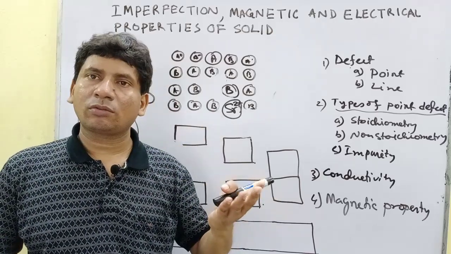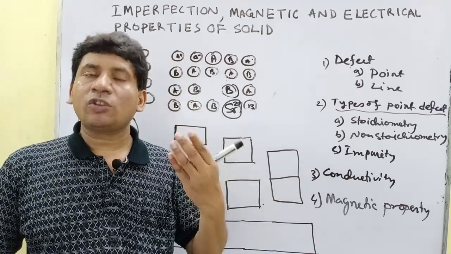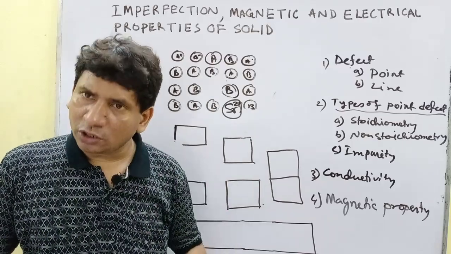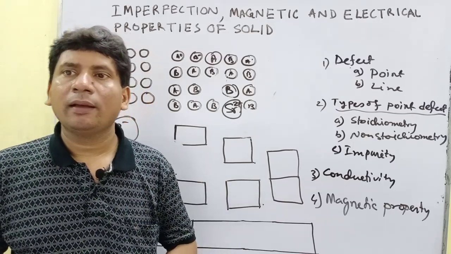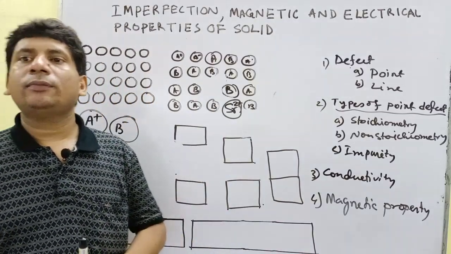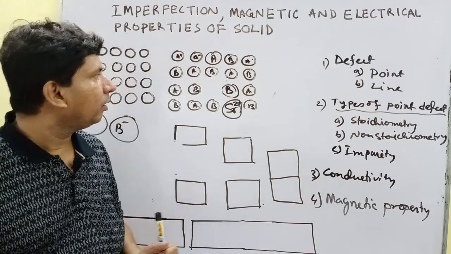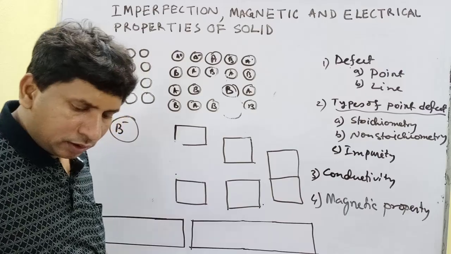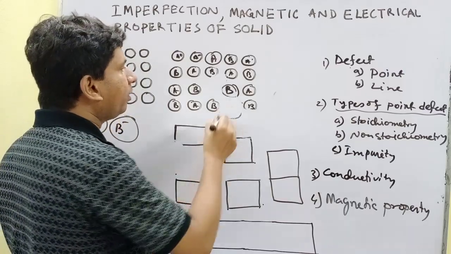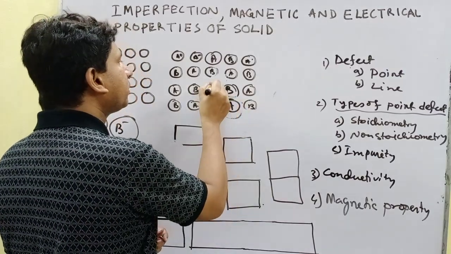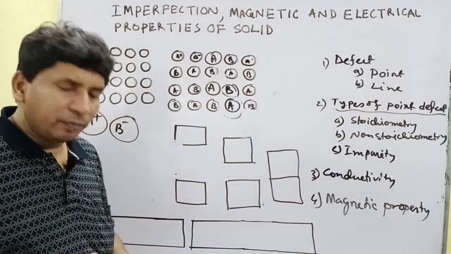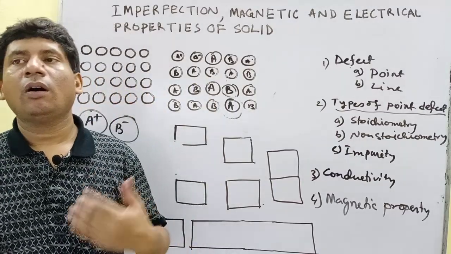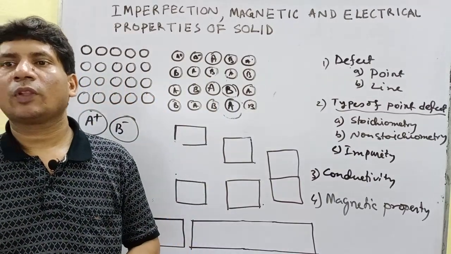So this is not a stoichiometric defect, this is a non-stoichiometric defect. It may be metal excess or metal deficiency.